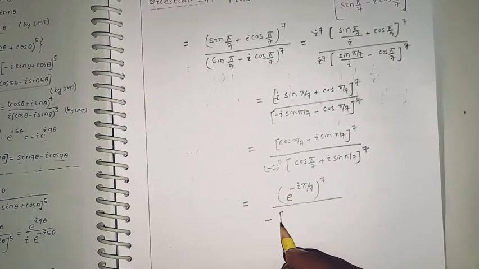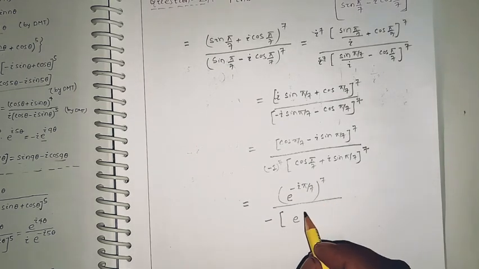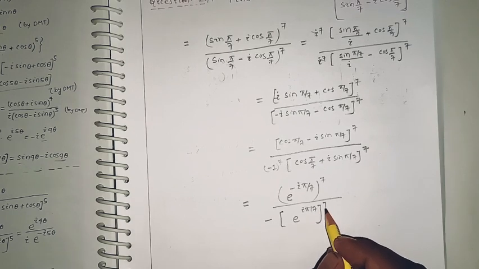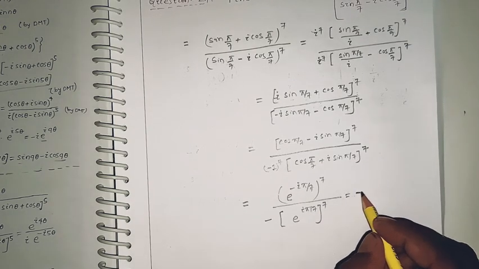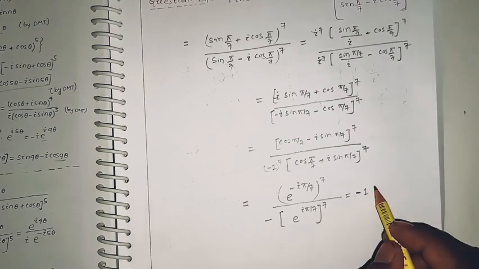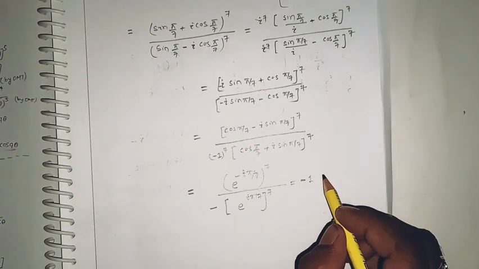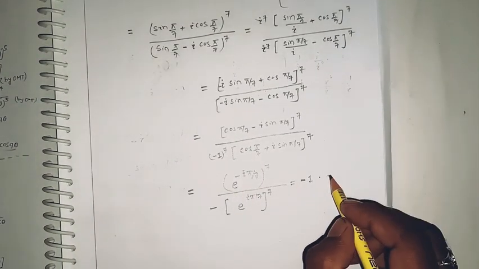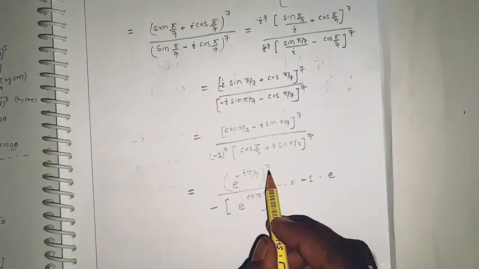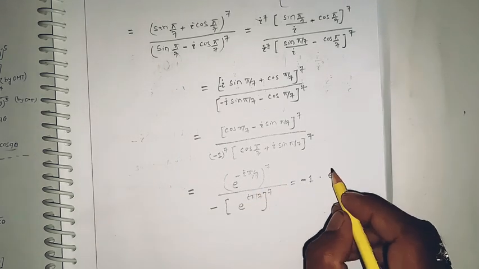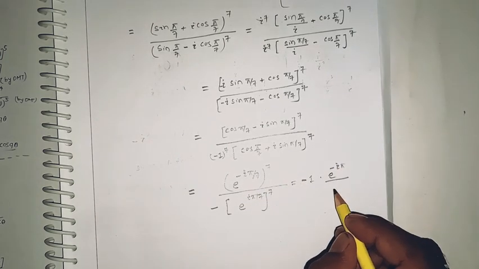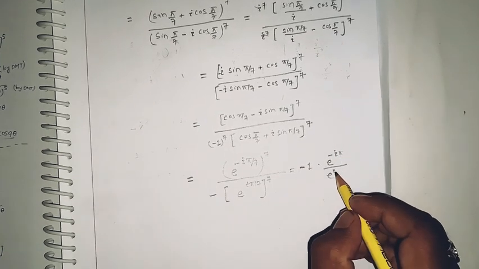So minus, this will be written as (e to the power i pi by 7) to the power 7. So this will be minus 1, and the numerator will be how much? e to the power, if I multiply 7 with this one, e to the minus i pi divided by e to the i pi.